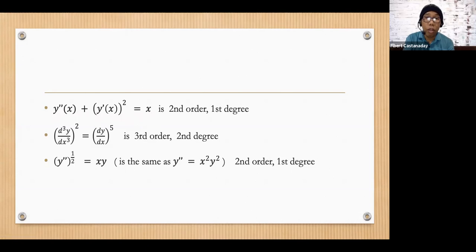To find the order, you have to examine the equation. What is the highest derivative present? You have the first derivative and the second derivative. Of course, the highest derivative in the equation is the second derivative. Since the highest derivative is the second derivative, we can say that this is a second order differential equation. Understood?